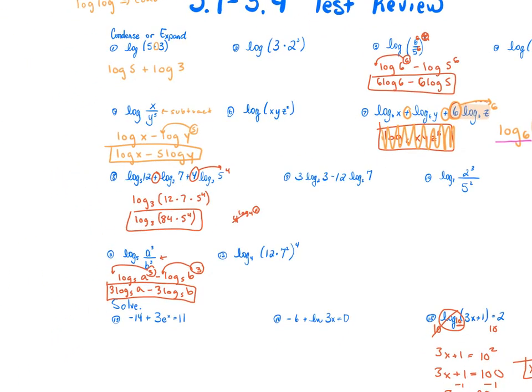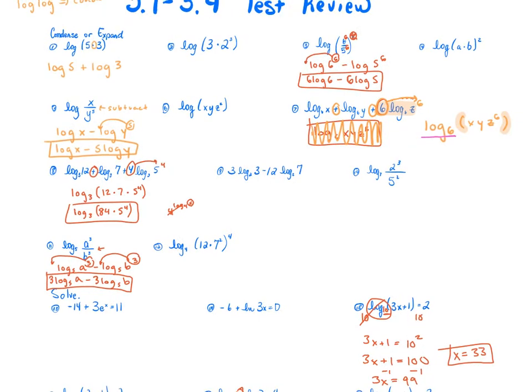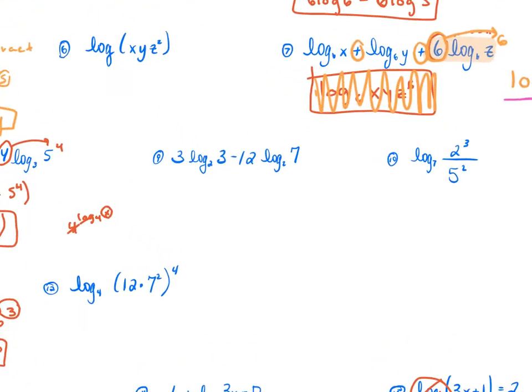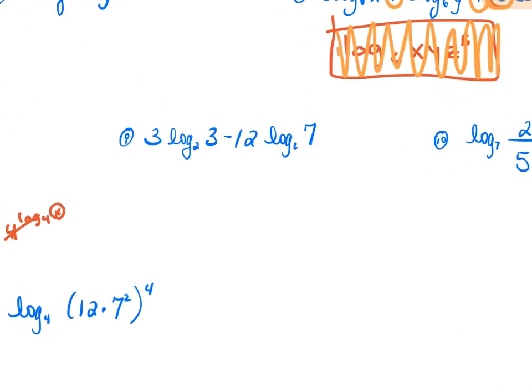So then, oh, we still have some more. Yeah. So number 9. Are we condensing or expanding here? Condensing. So what should we do first? Perfect. Take our exponents to the top.